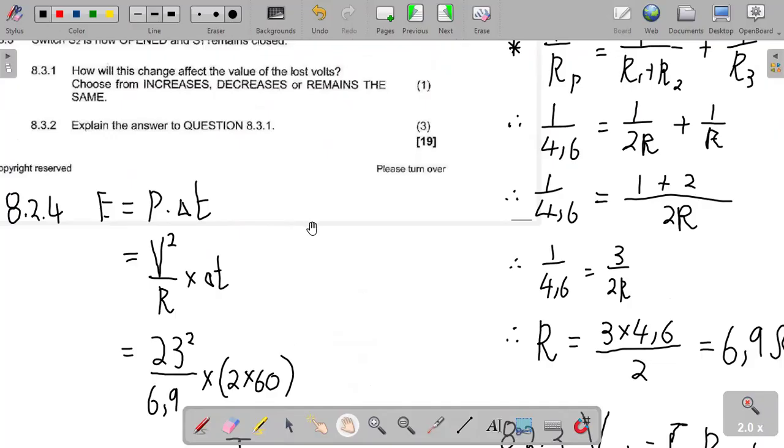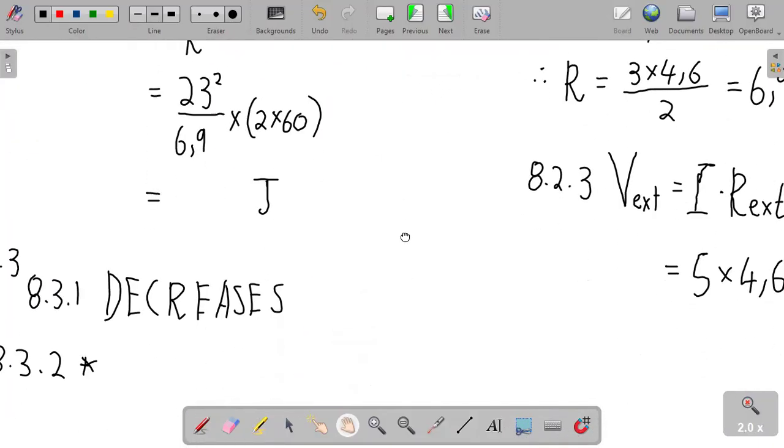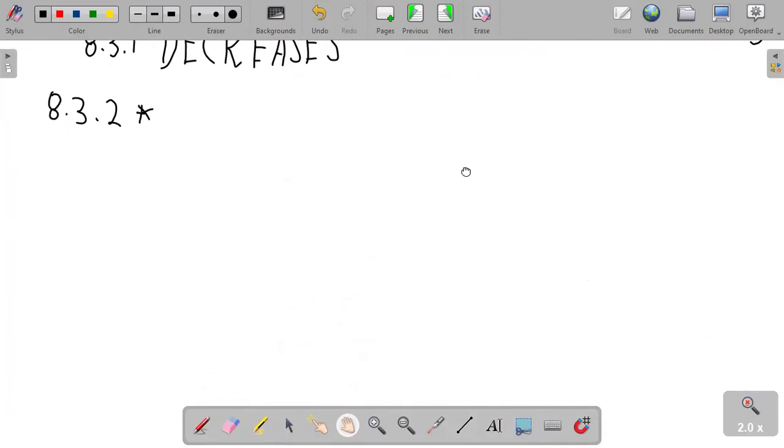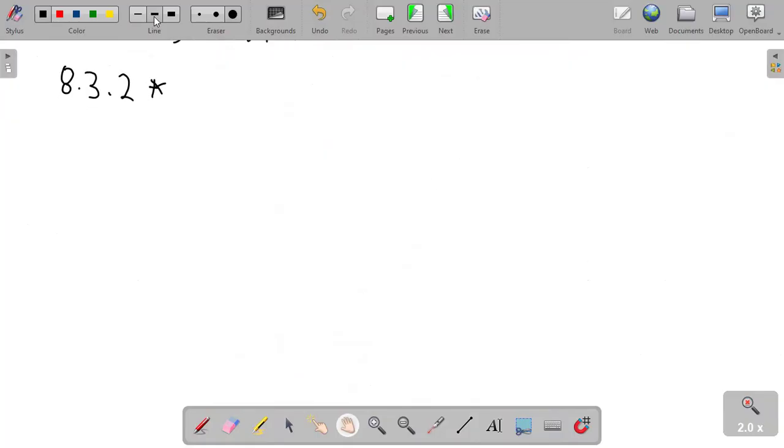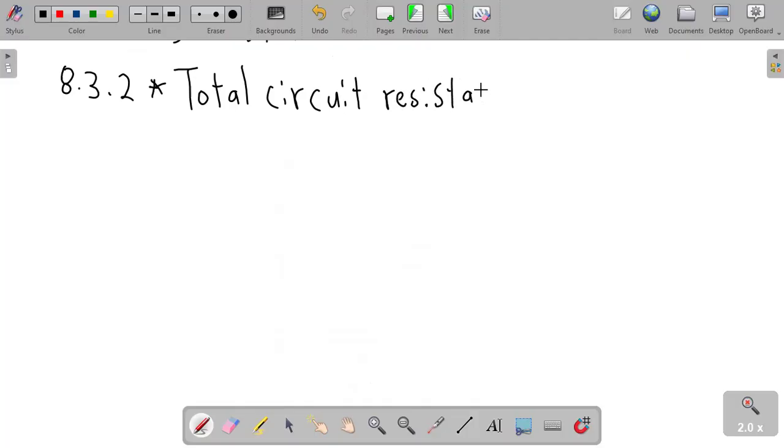So here we're going to say total circuit resistance increases.